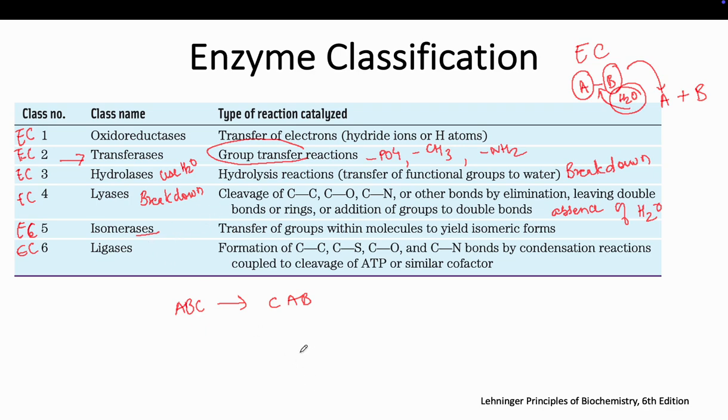They can also catalyze cis-trans isomerization, or mutases can rearrange different functional groups on either side of the carbon atom or any other molecule. Then we have ligases. Ligases are the class of enzymes which, instead of breakdown, lead to the formation of different macromolecules.